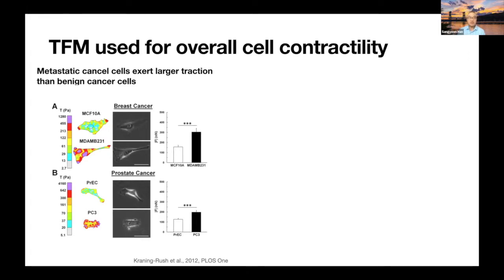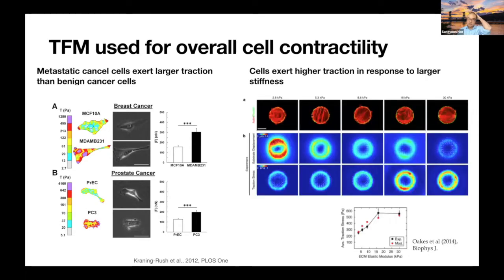Also, this traction force has been measured to study stiffness sensing, as we were doing also. Here, cells were micro-patterned to a circular shape and placed on different levels of stiffness, and they measured the force.